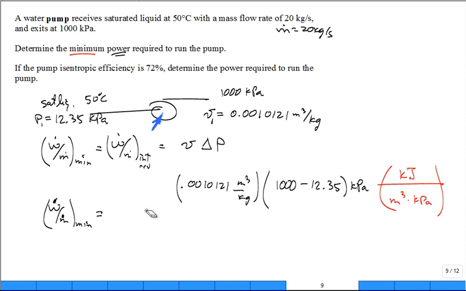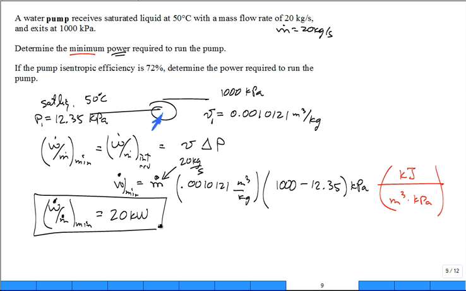The minimum power, W dot minimum, is equal to m dot times all of that. So it's 20 kilograms per second, and when you compute it's right at 20 kilowatts.